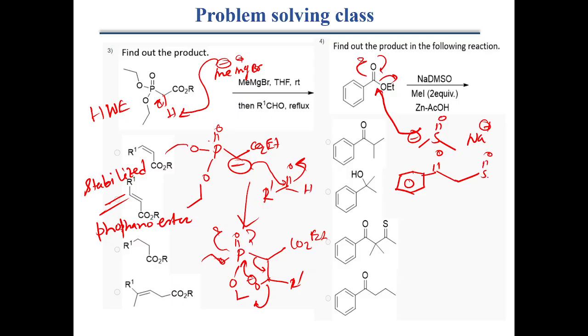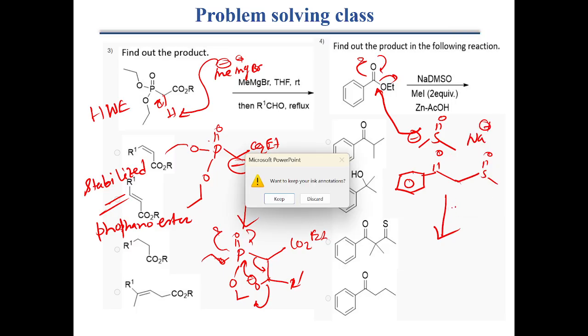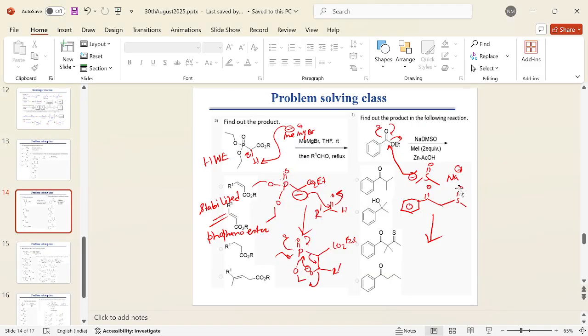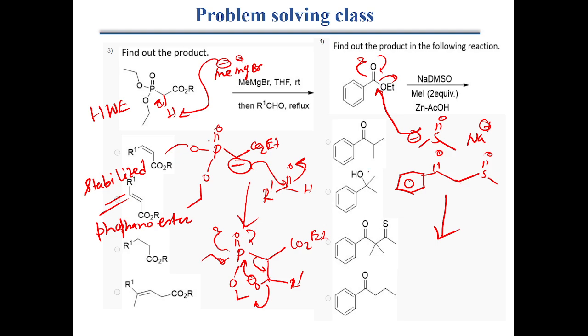Now they are using methyl iodide. Now this is the acidic proton, sodium plus is the counter cation, and water is also in the system, so it will generate sodium hydroxide. That will act as a base and abstract this proton, giving this one.